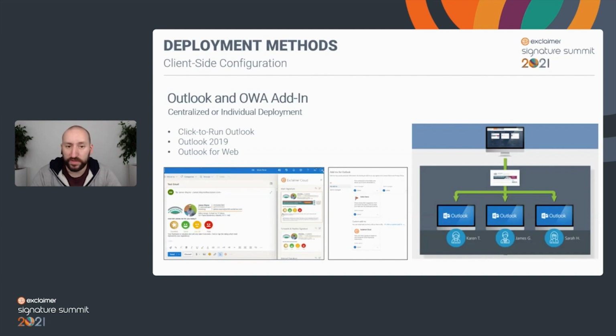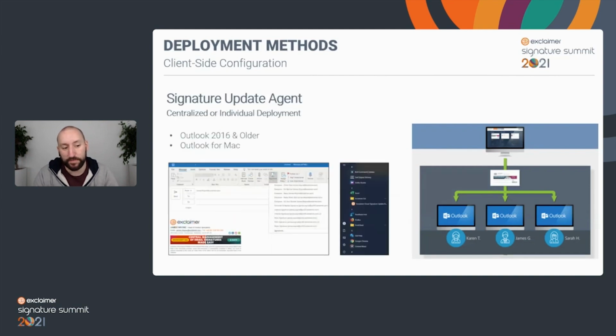And that add-in, of course, can be deployed to users simply using the admin portal of Microsoft 365. If, however, you're using an older version of Outlook, 2016 or before, or you're using a Mac computer, we still can deploy signatures to Outlook, but we'll use an agent that must be installed on the machine to do this. And whilst that can be deployed by group policy or Intune, it is also available for users to install themselves.